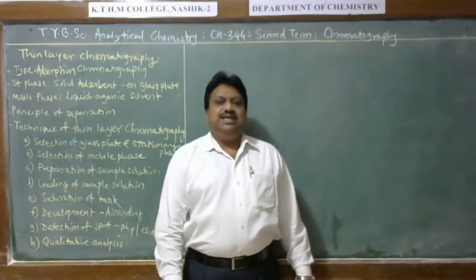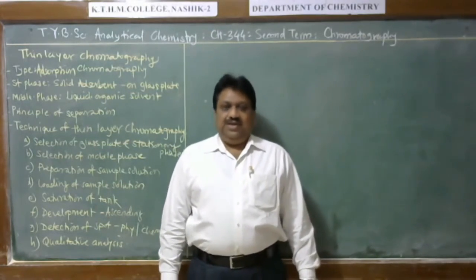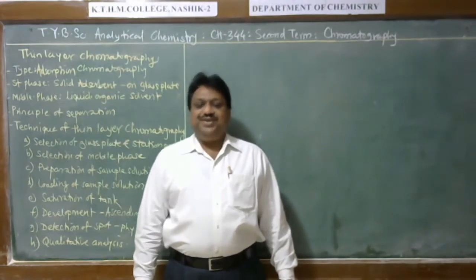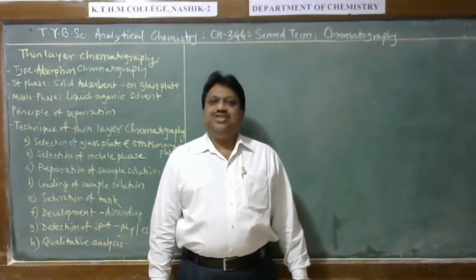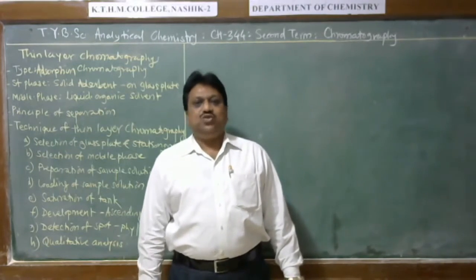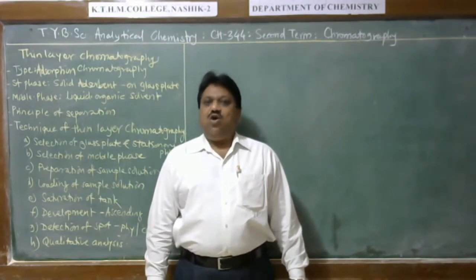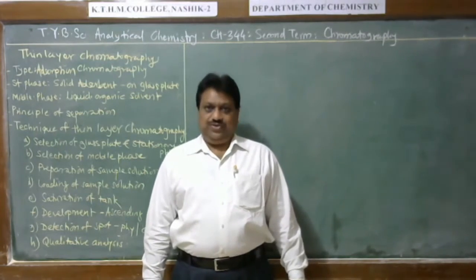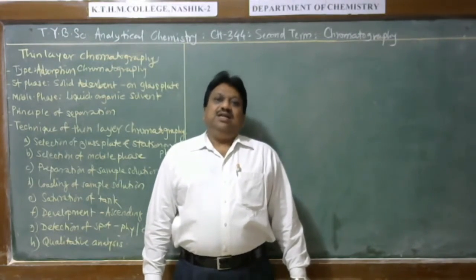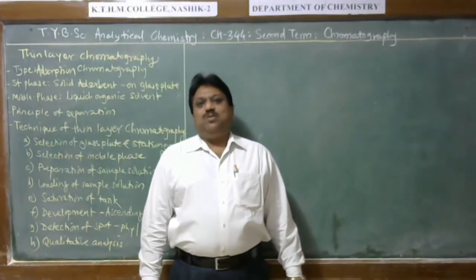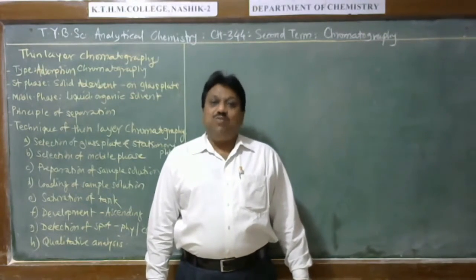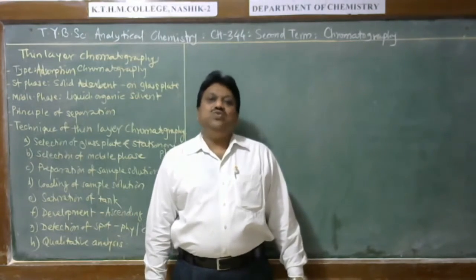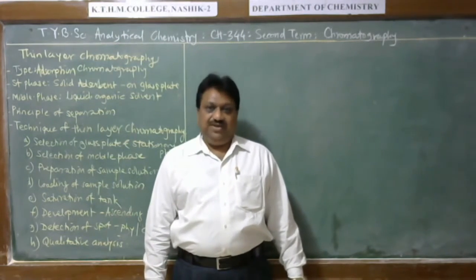Number one is selection of glass plate. Thin layer chromatography is an adsorption type of chromatography in which solid adsorbent material is coated on a glass plate or plastic plate. Sometimes an aluminum plate may be used. Therefore, a glass plate, aluminum plate or plastic plate is used as a support for the stationary phase used in thin layer chromatography.